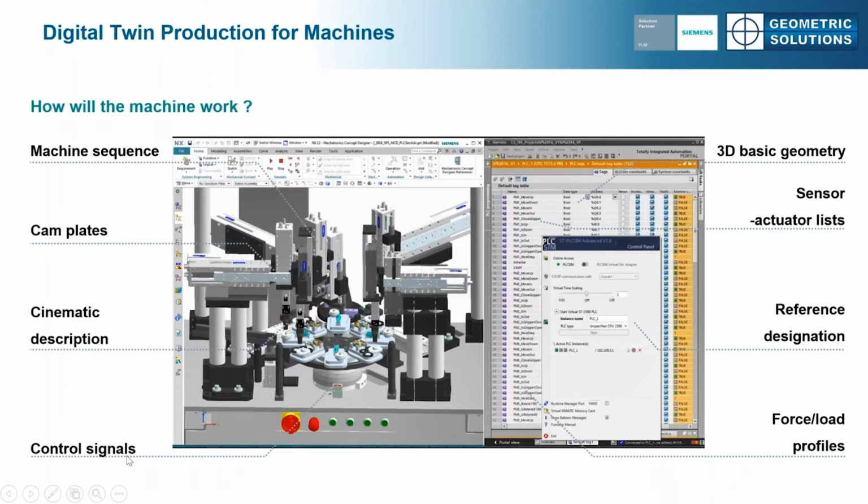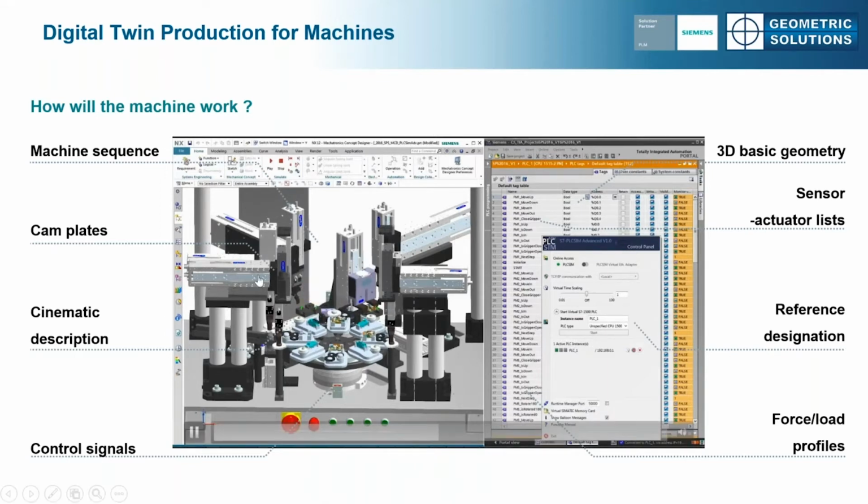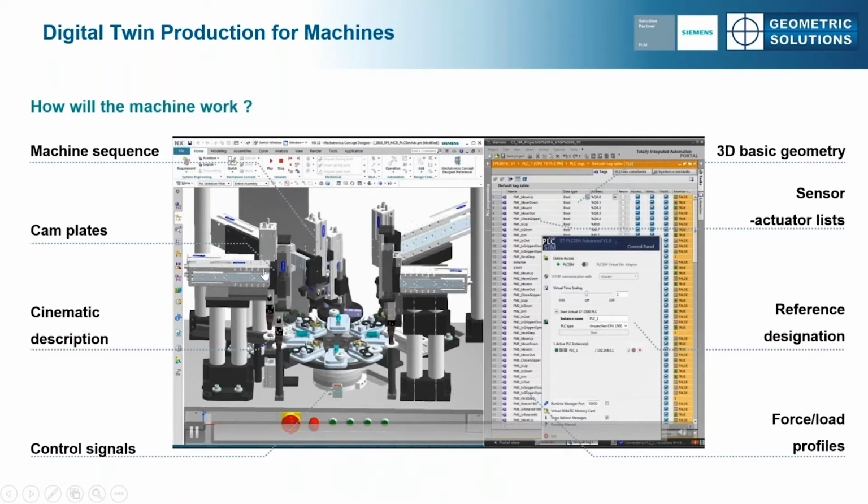So what you're seeing here is your first look at NX Mechatronics Concept Designer, or MCD for short. And you can see that on the left. So this is the actual digital machine. And it's not just running, so to speak, cartoonish, but do you notice on the right what's actually controlling this machine, this digital twin?